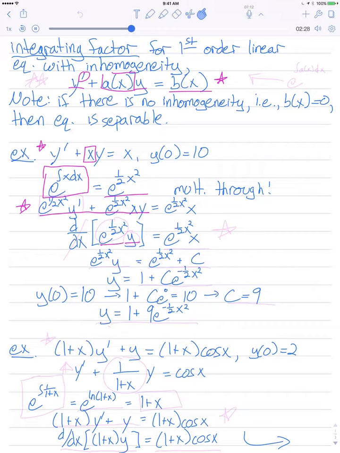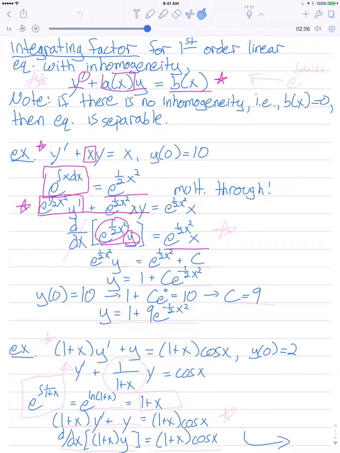So when you do the product rule, if you leave this part alone, differentiating this part, you get the first term up here, e to the 1/2 x squared y prime, and then if you differentiate the first part of the product, leaving the second part alone, you get e to the 1/2 x squared times x from the chain rule times y. All right? And then on the right-hand side, we still have our e to the 1/2 x squared times x.